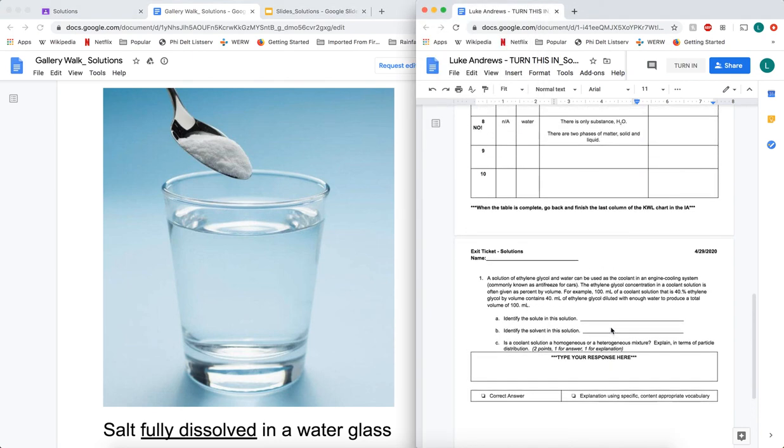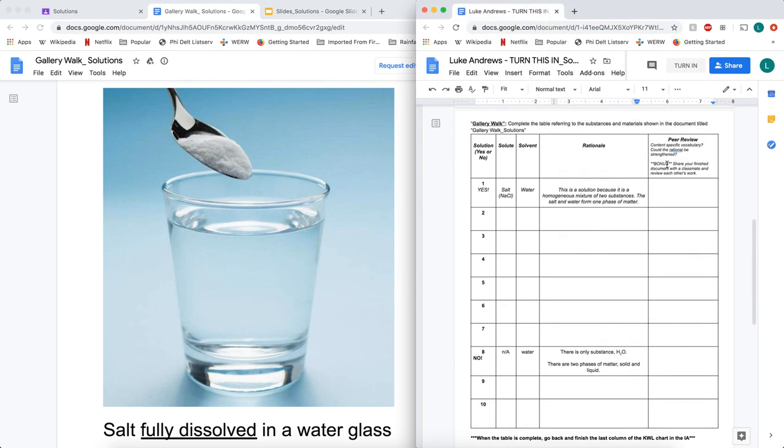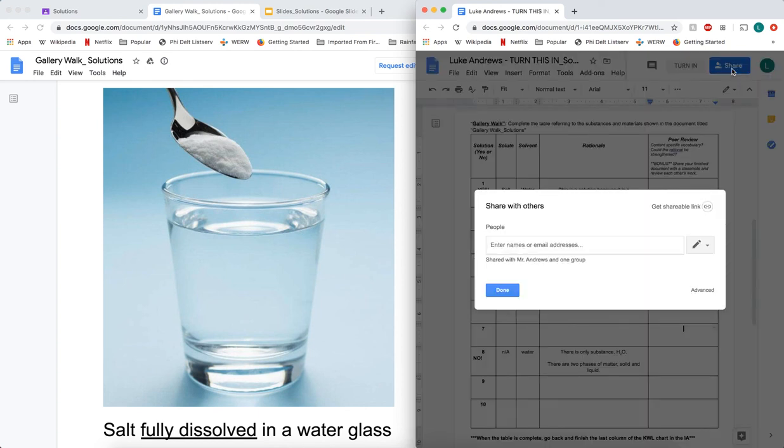So the last thing that I want to point out is this column right here, peer review. I'm not requiring you to do this, but I will give you bonus points if you do this. So what you're going to have to do is click share, and send this to a classmate of yours.